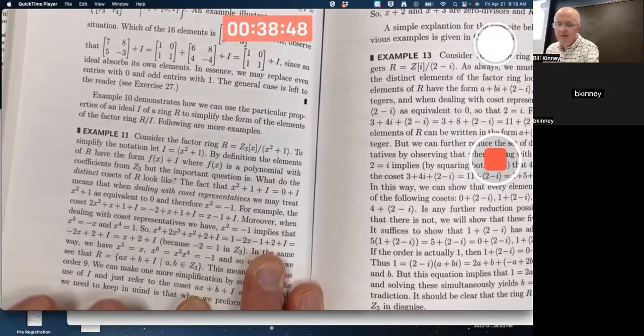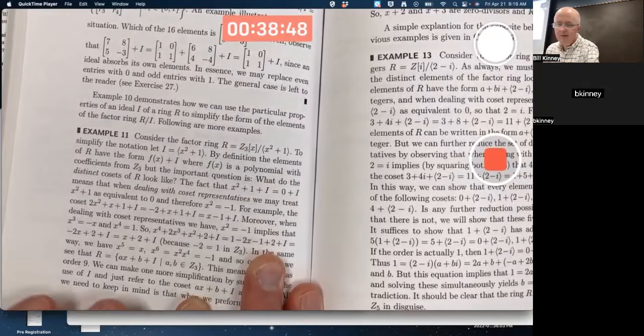Before we look at this example, based on what we just said a few minutes ago, think about that principal ideal generated by x squared plus 1. That would be all polynomials in not Z[x], but Z3[x]. It's an infinite polynomial ring, but it's got a characteristic of 3. Coefficients are either 0, 1, or 2.